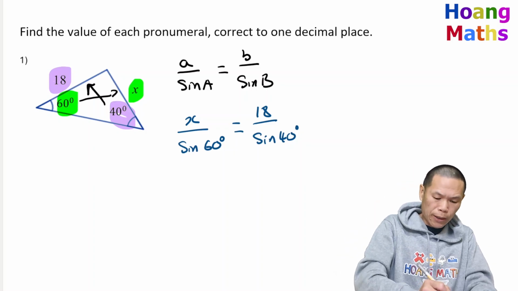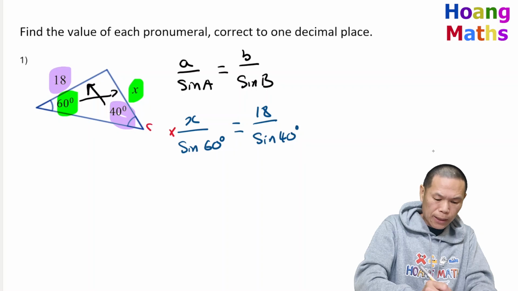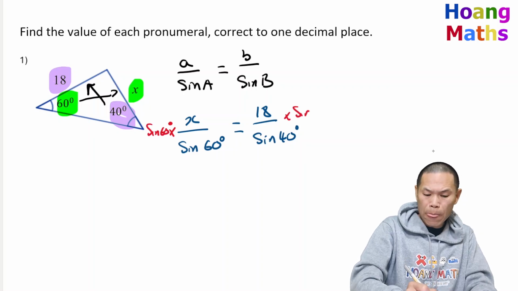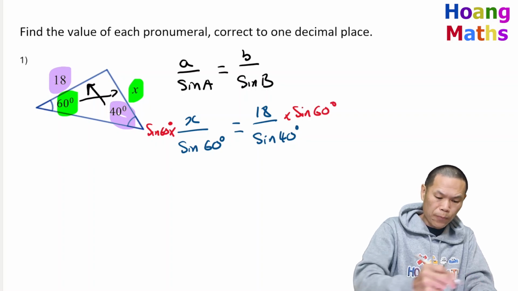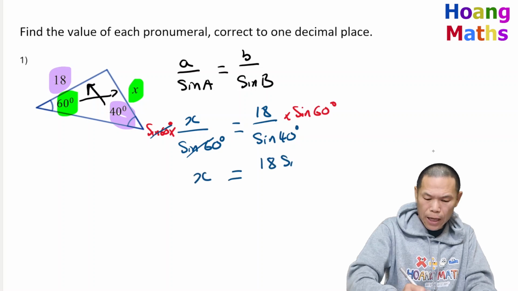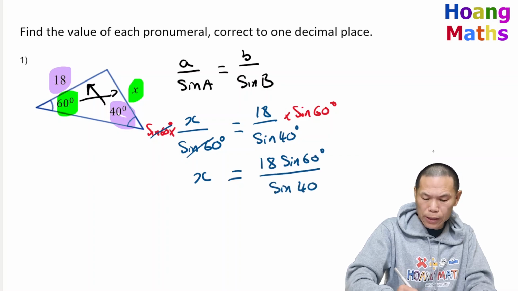So we do the opposite. So we times sine of 60 degrees. So I just cancel this with this. So x is equal to 18 sine 60 degrees over sine of 40 degrees.